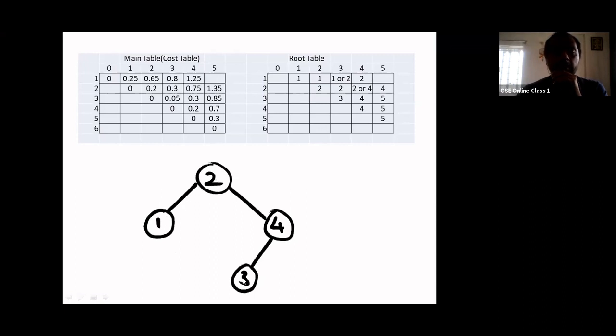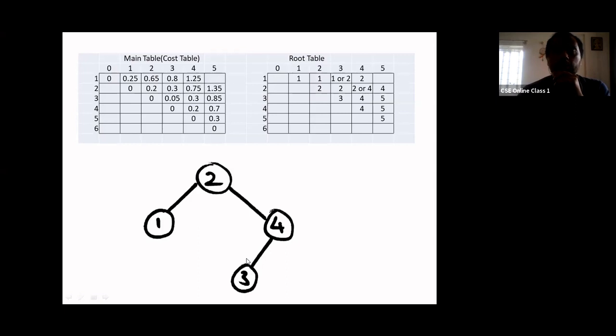On the right hand side, we have 2 keys, that is 3 and 4. Once again, which is to be chosen as the parent? We check the third row and fourth column, and we can see that we have key 4. Therefore, among 3 and 4, we choose 4 as the parent and 3 as the child. So we get a tree of this kind.